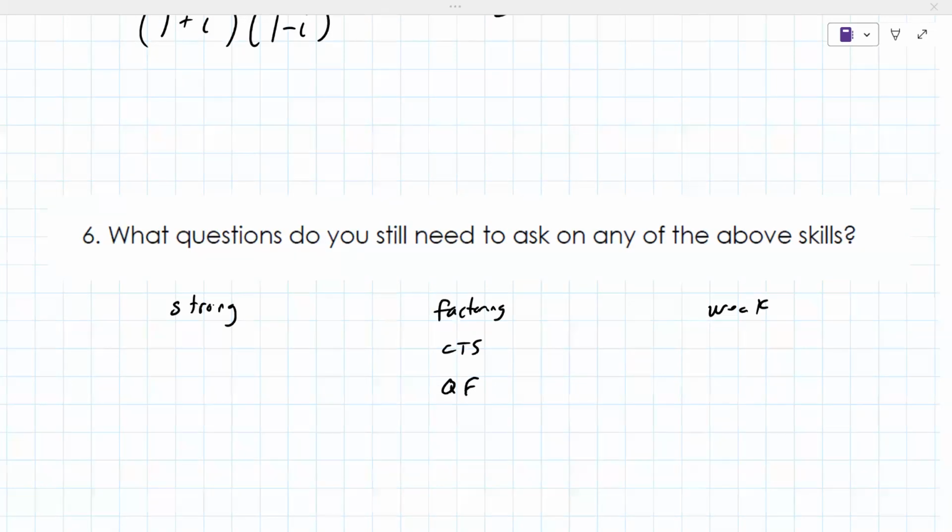There are a number of things here that you might say you feel good about, or don't feel good about. We also talked about the square root property. That's how I would look at this last question: basically it's telling you where you need to spend more time studying.